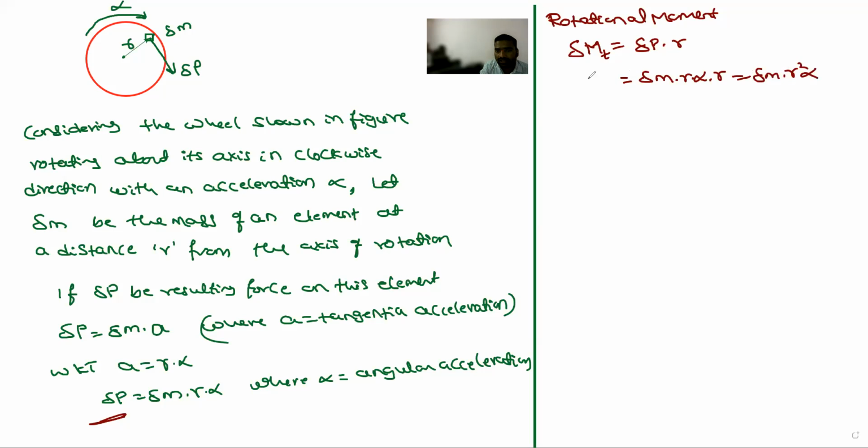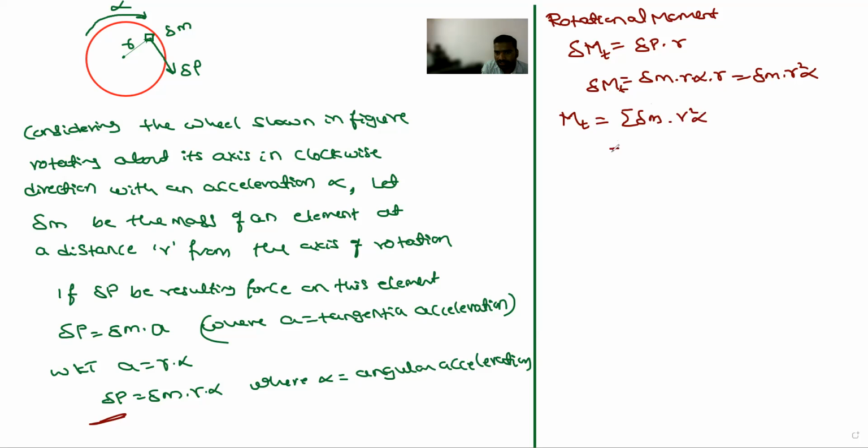Here delta M T means the rotational moment on the small elemental area you have taken. If I consider the entire body, then delta M becomes capital M. So the total rotating moment is equal to the summation of delta M into R square into alpha.